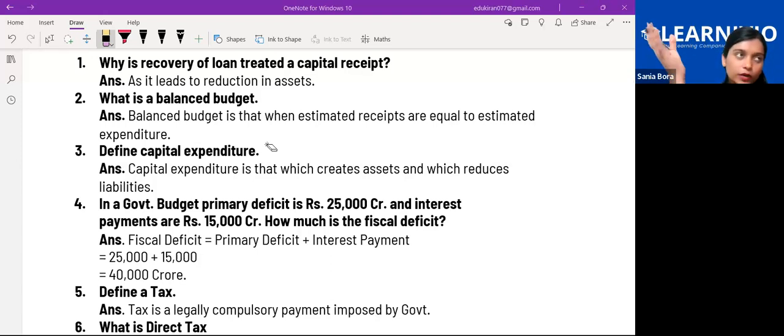Nobody is more, neither revenue nor your expenditure, when your estimated receipts are equal to the estimated expenditure. For example, you got 1,000 rupees and when you went to a party, the bill was also 1,000 rupees. So it's balanced. In case your bill is more, like your expenditure is more, then it will be a deficit, a budget deficit. Okay, ma'am.